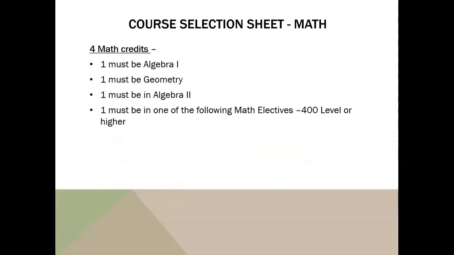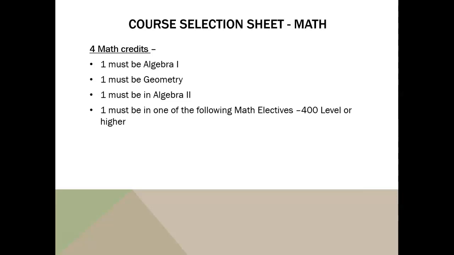So for your course selection sheet, again, look at the top. The top is the second box to the right. Algebra 1 is listed. Most students will be taking geometry next school year. And if your child is currently in geometry and has not earned an Algebra 1 credit, they should take Algebra 1. Students must take their 4th credit in a math elective that's 400 level or higher.